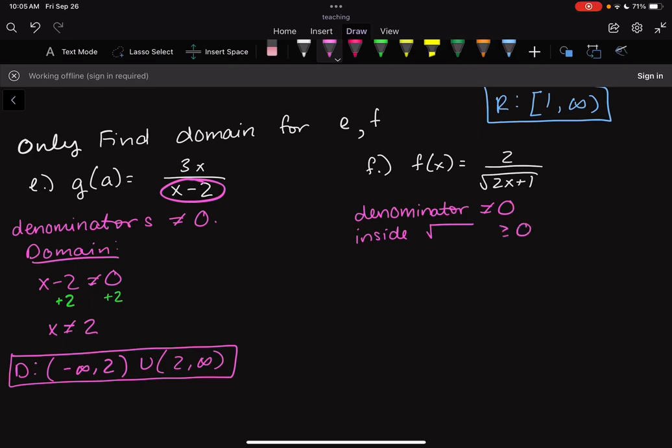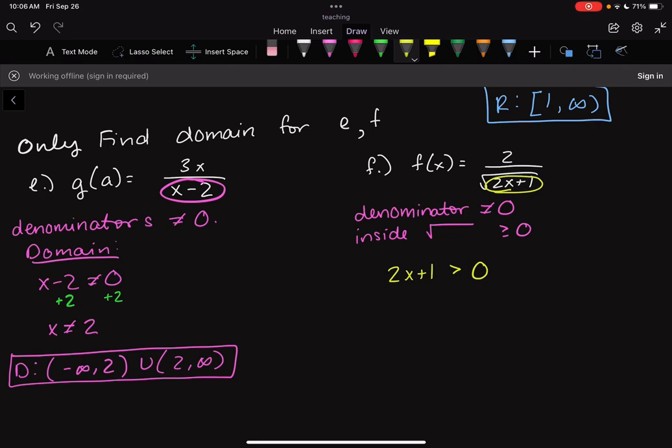So what we're going to do is we're basically going to combine these concepts. So my problem area here is the 2x plus 1. And usually inside of a root, I would just say, oh, greater than or equal to 0. However, because I'm saying that it can't be equal to 0, I'll just get rid of the equal to bar.